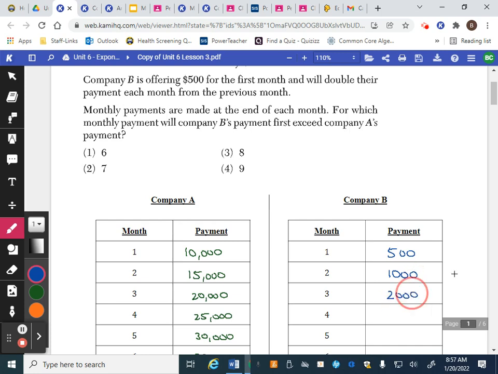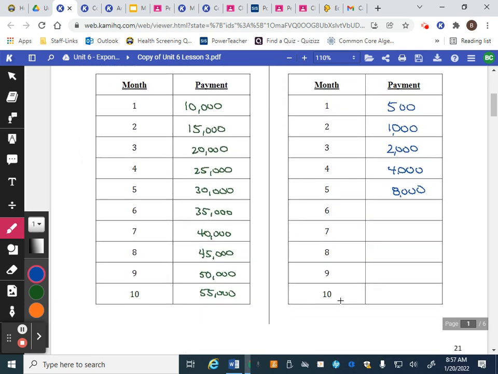And then 2,000, 4,000, 8,000, 16,000, 32,000, 64,000, 128,000, and 256,000. So as you can see, the right side, Company B, their payment goes up quickly because we're doubling these numbers.